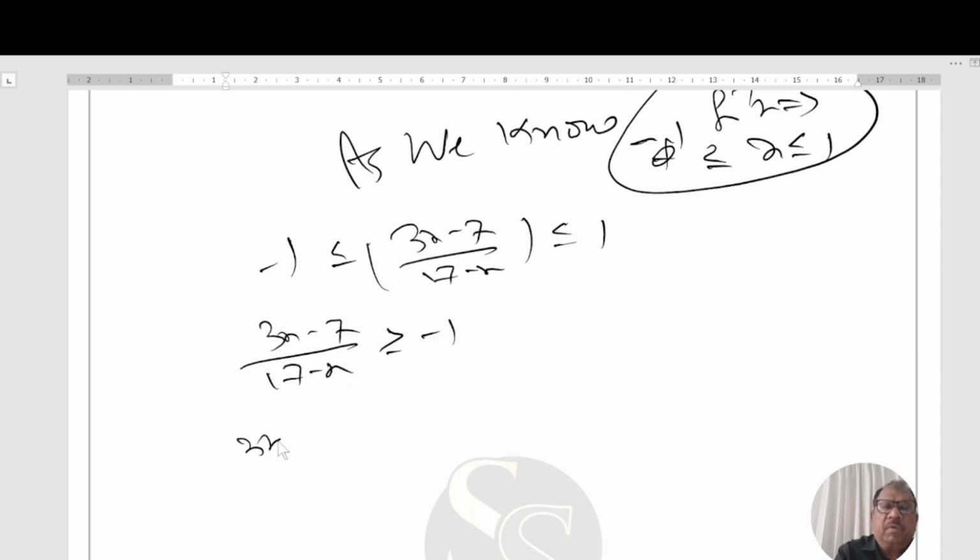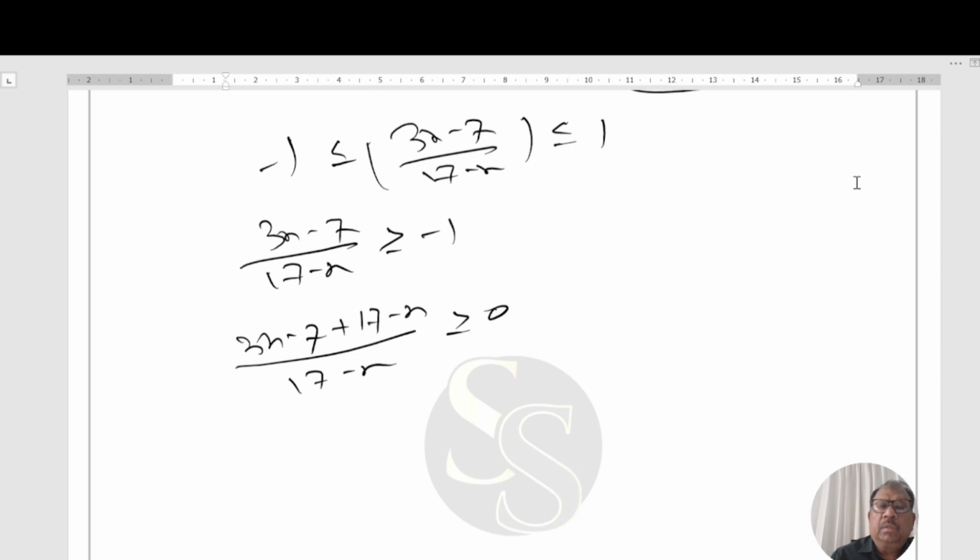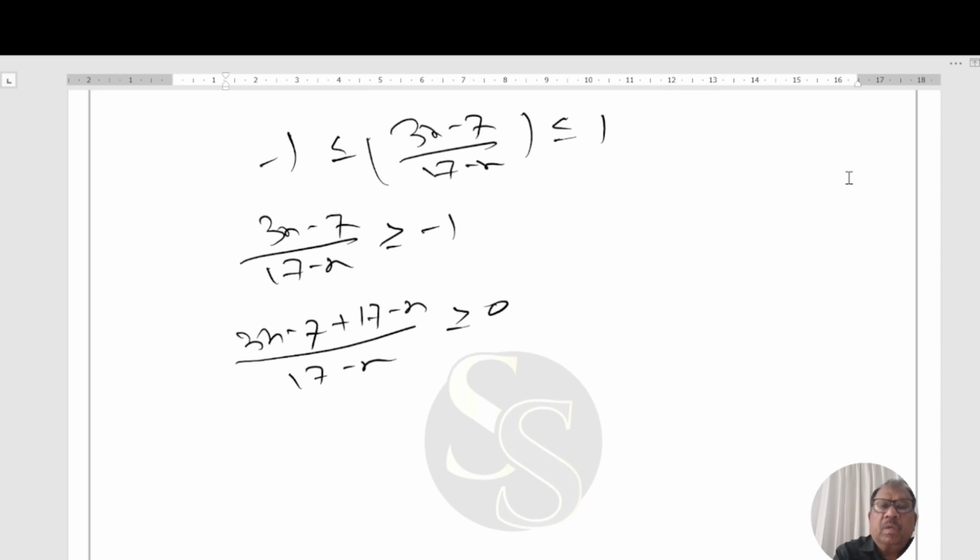Take them one by one. (3x minus 7) upon (17 minus x) plus 1 greater than or equal to 0. Shifting, plus (17 minus x) upon (17 minus x). Then this comes out to be (2x plus 14) upon (x minus 17).